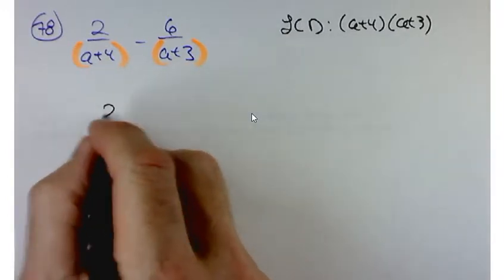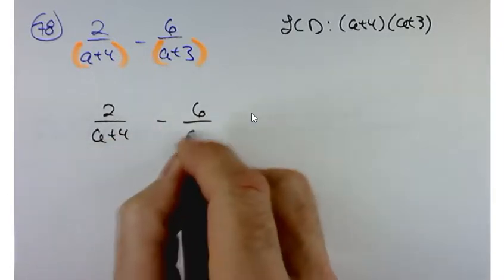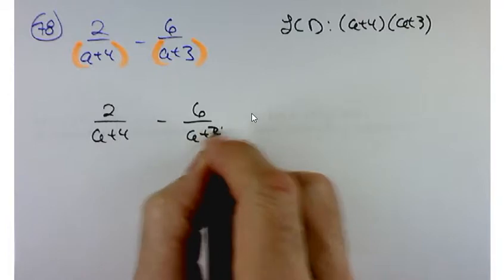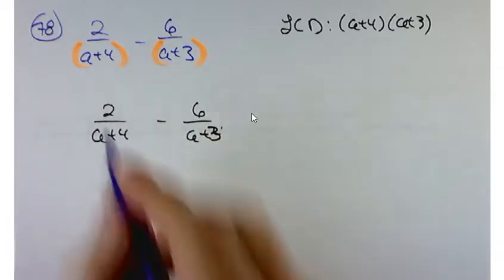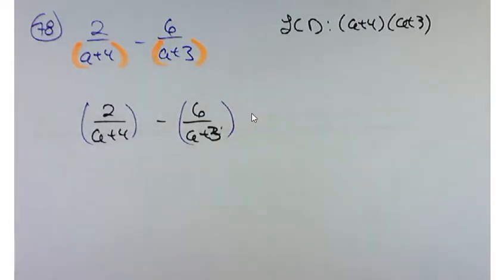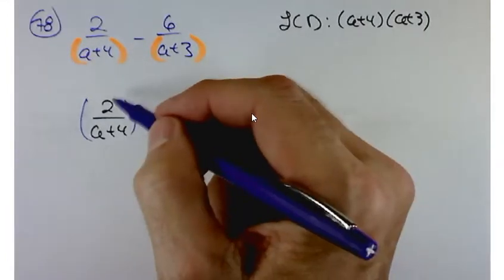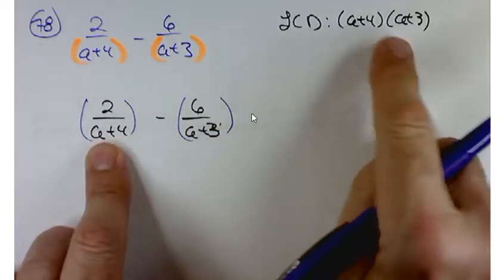But the game here is still the same as it was with the last one. We're going to go through and introduce, by way of multiplication, the stuff that's missing. So, Salsabila, what am I missing from this denominator that I have over here?